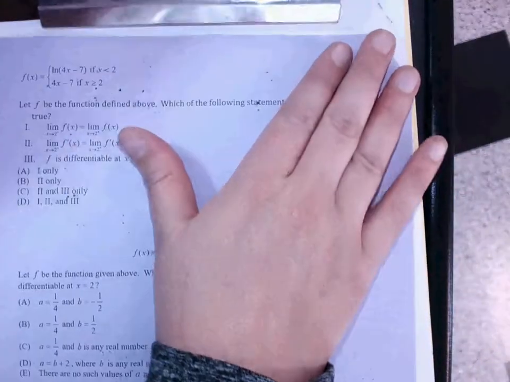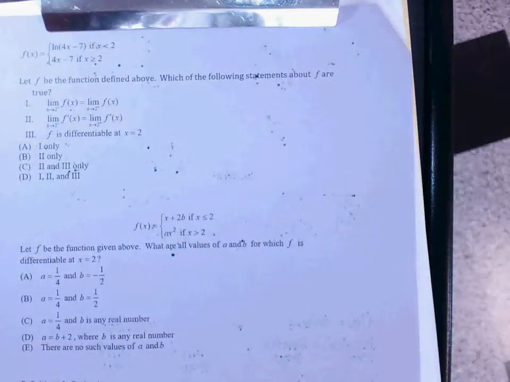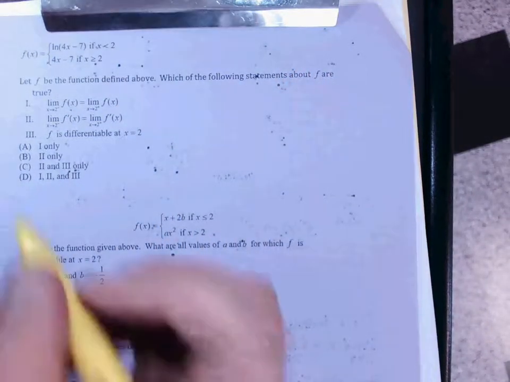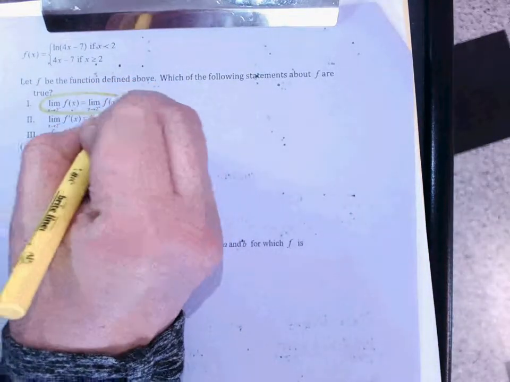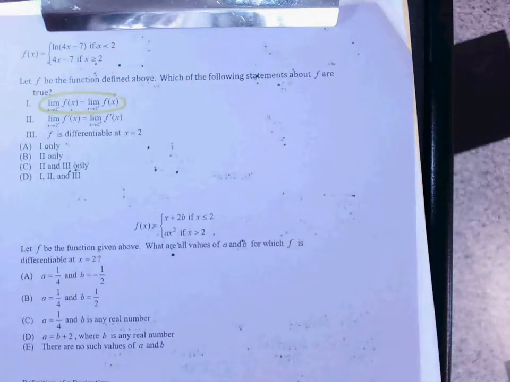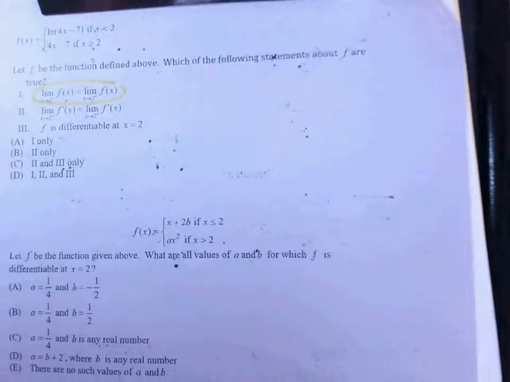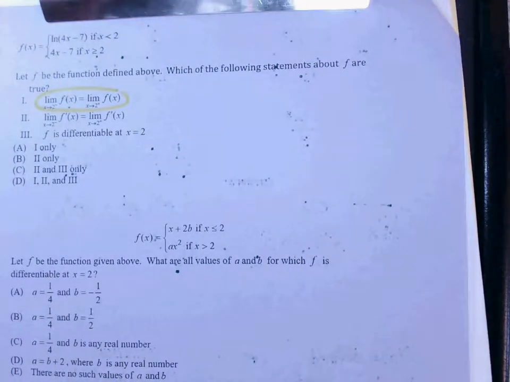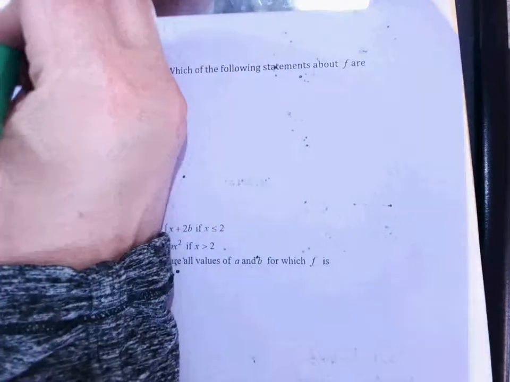Okay, look at it. We want to find the limit from the left and the limit from the right. We want to see if they're equal to each other. What are you going to do for that? You would plug in 2 on the top, then plug in 2 on the bottom. So let's plug in 2 up here.